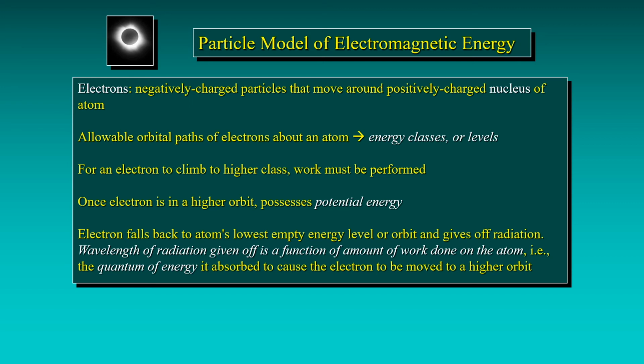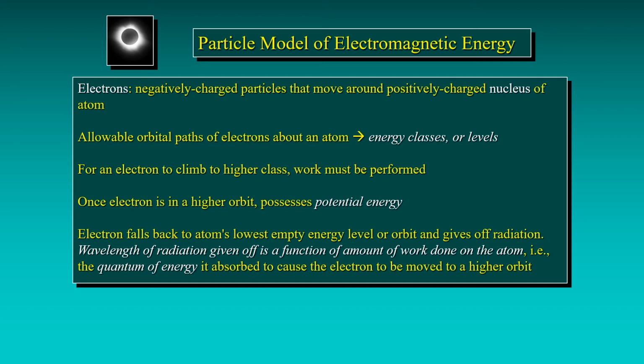Atoms of different substances have varying numbers of electrons, and those are arranged in various ways.